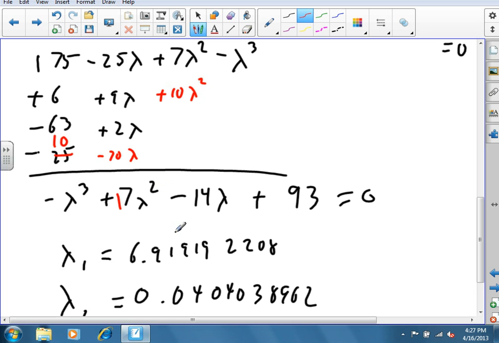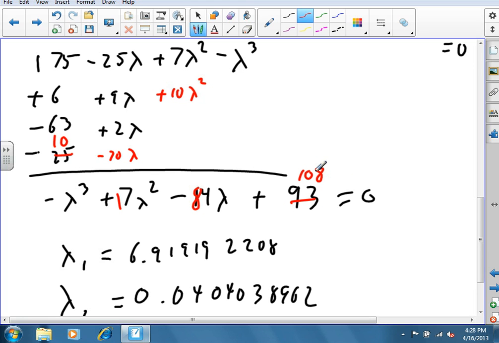So it's minus 84 lambda, 175 plus 6 minus 63 minus 10 is 108. Okay. I'm going to do it again.